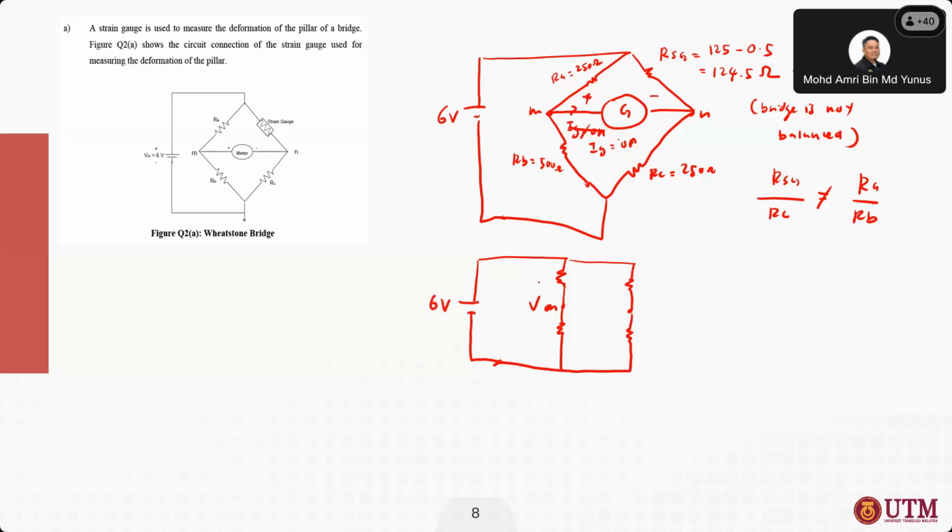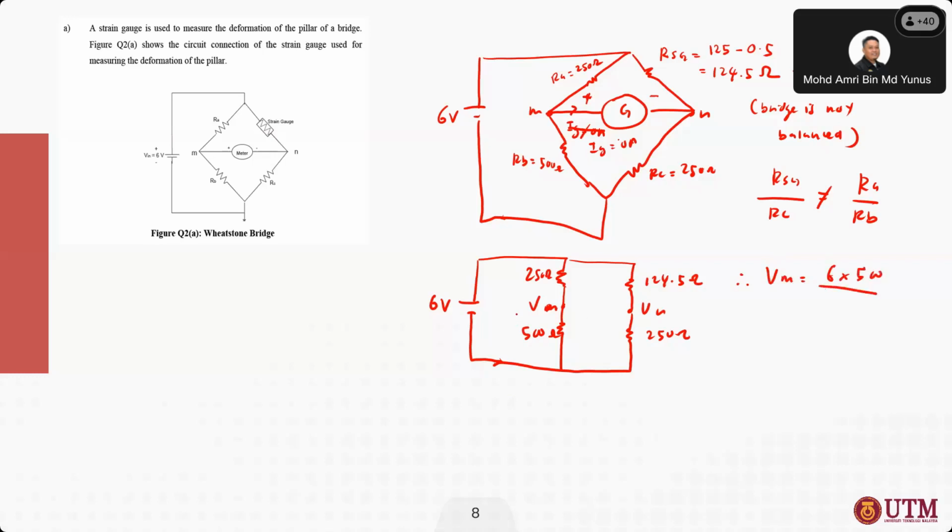So we can use MN: 6 volt, 250 ohm, 500. This has become 124.5, and this has become 250 ohm. Therefore, according to the assumption, VM is 6 multiplied with 500.